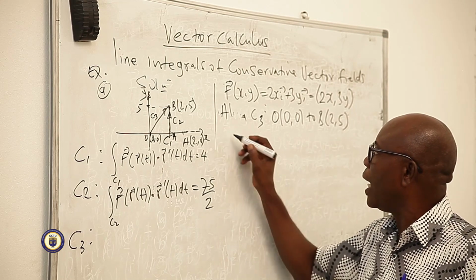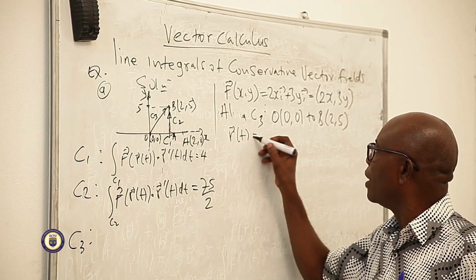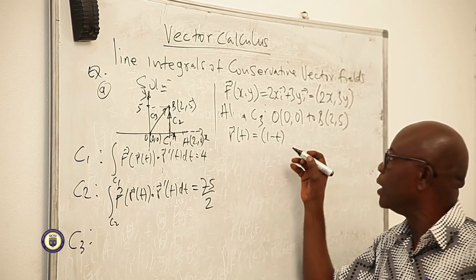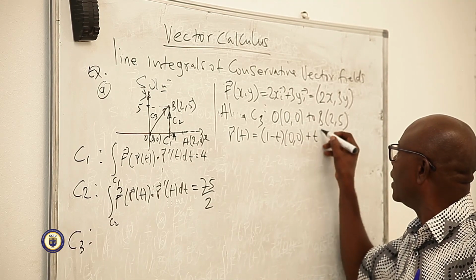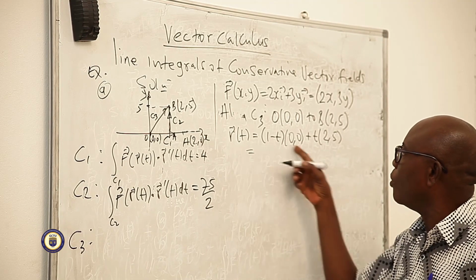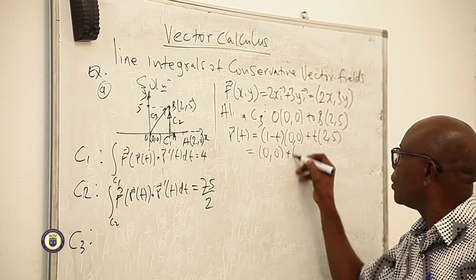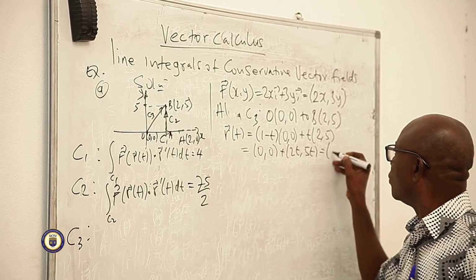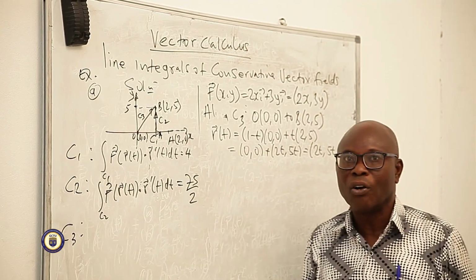And so r of t will give us (1 minus t) times the initial position, which is (0, 0), plus t times (2, 5). When you multiply, you're going to have (0, 0) plus (2t, 5t), and that will give us (2t, 5t). That is r of t.